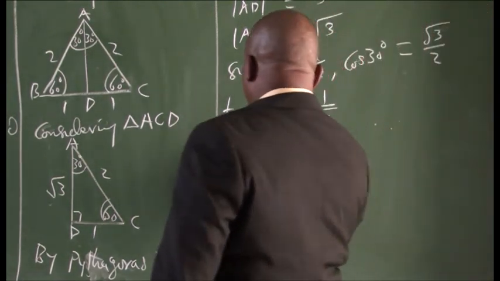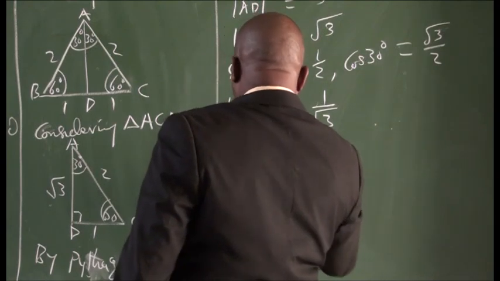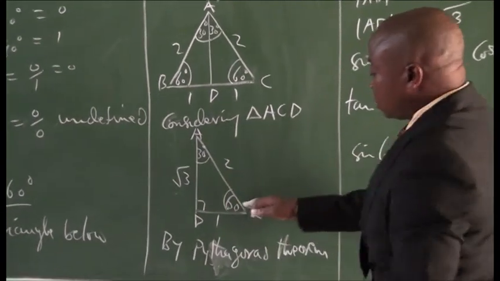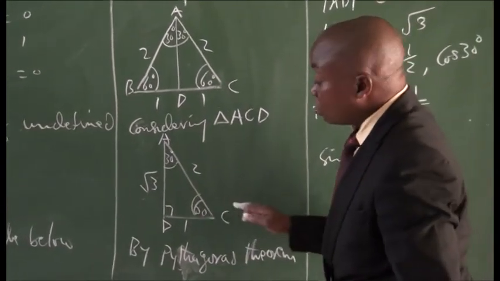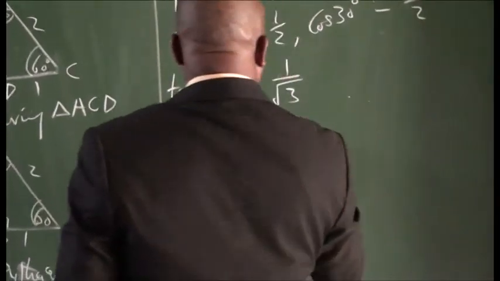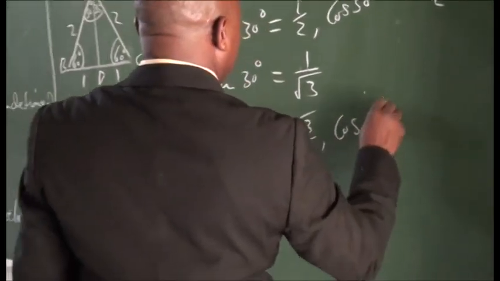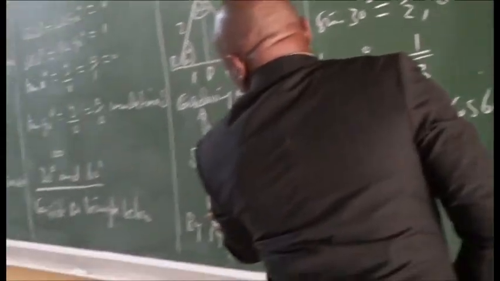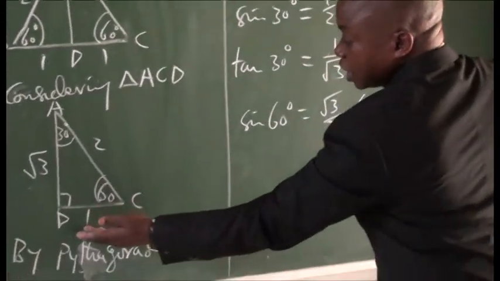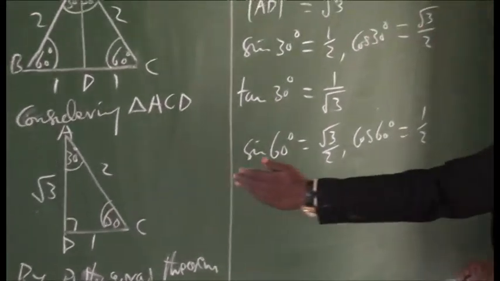We now go to 60. So sine 60 degrees. Now 60 degrees. So opposite is this way. Sine 60 degrees is root 3 over 2. Cos 60 degrees is this way, is 1 over 2. That is cos adjacent over hypotenuse.